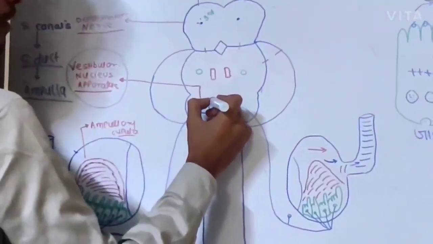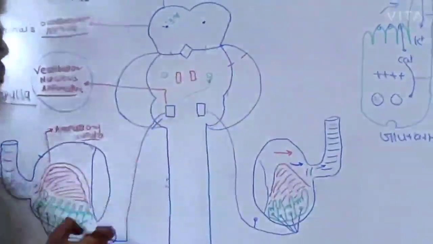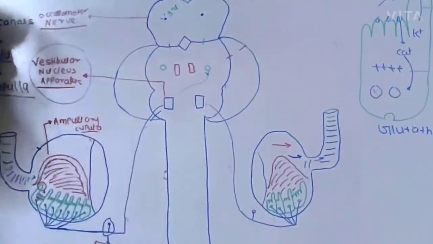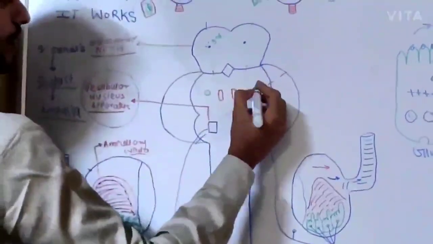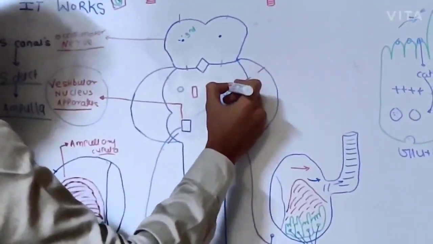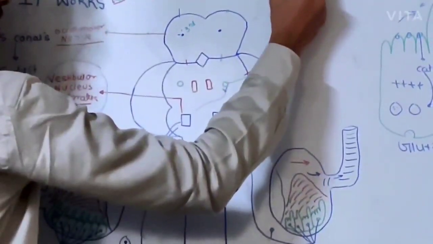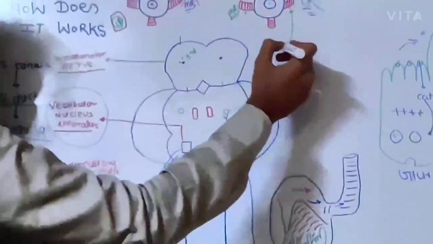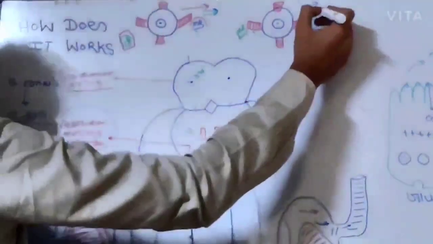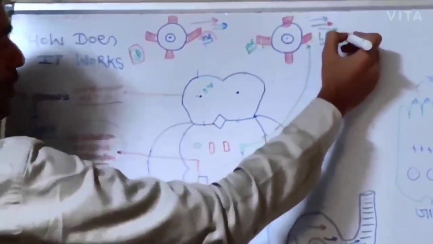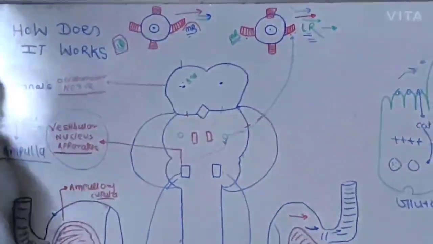From there the information is carried to the nerve root of the sixth cranial nerve, that is the abducent nerve. The sixth cranial nerve will innervate the lateral rectus muscle and stimulate its contraction, which leads to movement of the left eye towards the left side.